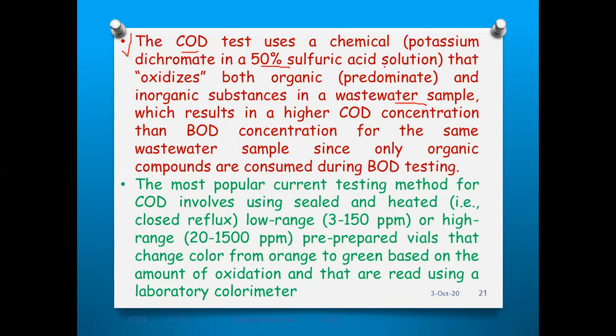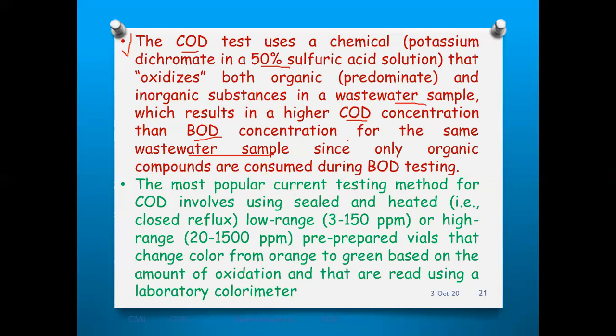Sulfuric acid solution లో potassium dichromate అనే chemical మనం add చేస్తున్నాము, which oxidizes both organic and inorganic substances in the wastewater sample, which results in a higher CBOD concentration than BOD concentration for the same wastewater sample, since only organic compounds are consumed during the BOD test.